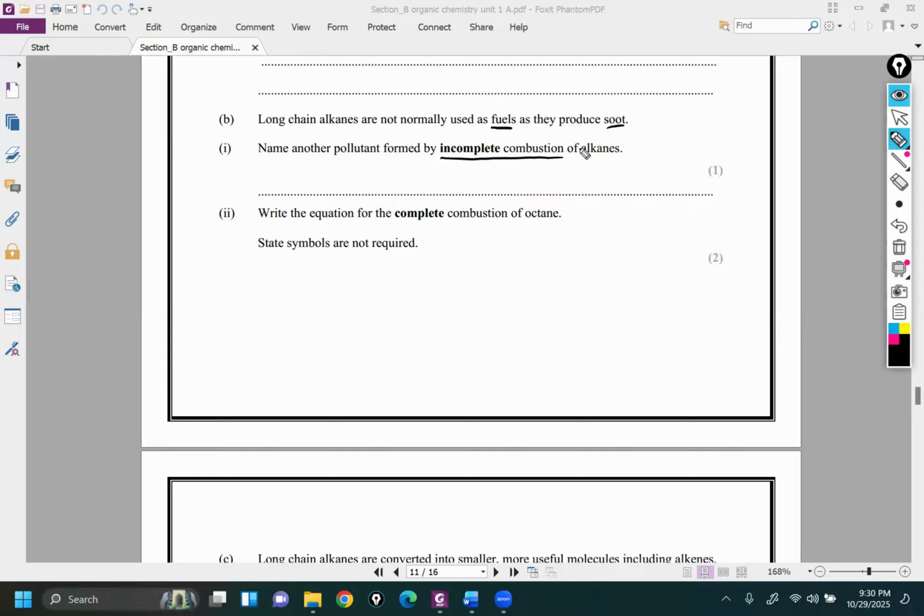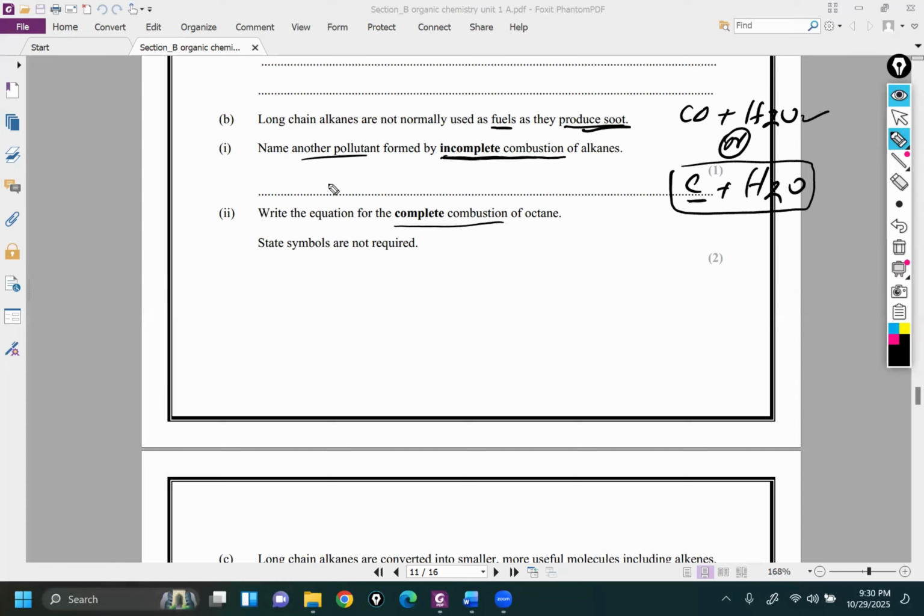Now, my dear student, keep in mind that in complete combustion, always carbon dioxide and water are produced, while in incomplete combustion, we get either carbon monoxide and water or carbon and water. But here they made it very clear that this is carbon soot. Name another pollutant. So they are not interested in this one, they are interested in the other one. So another pollutant is carbon monoxide.